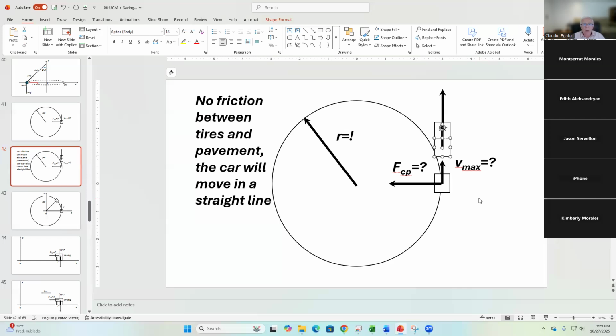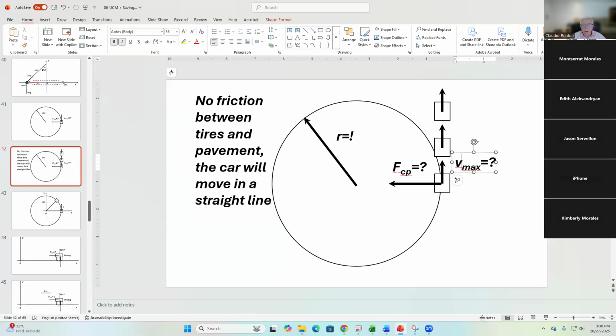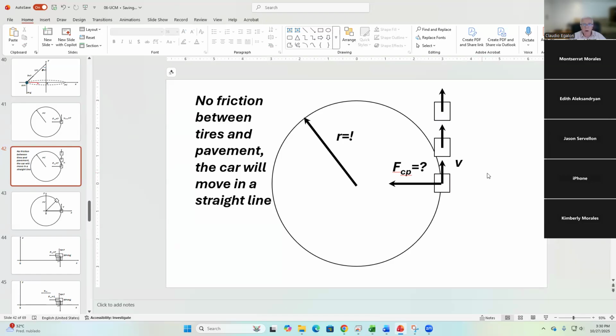That's what's going to happen to this car. And if the driver is not careful, cannot slow down, cannot stop the car, he may end up losing control of the car.